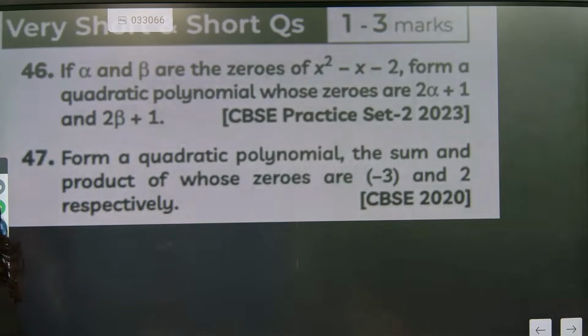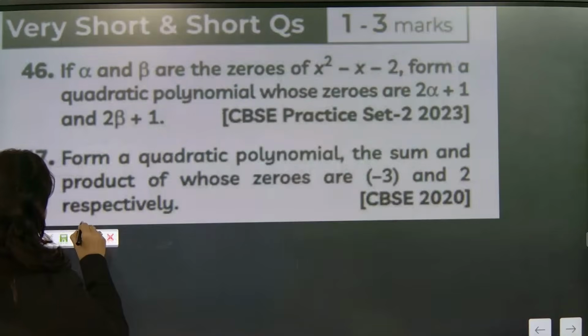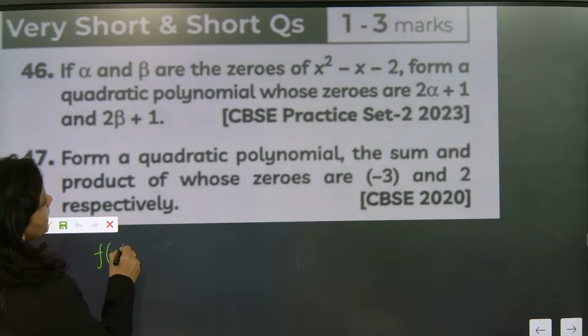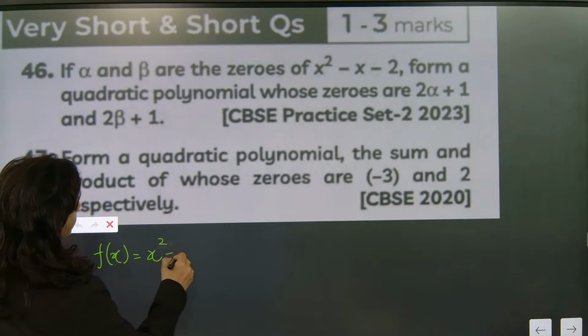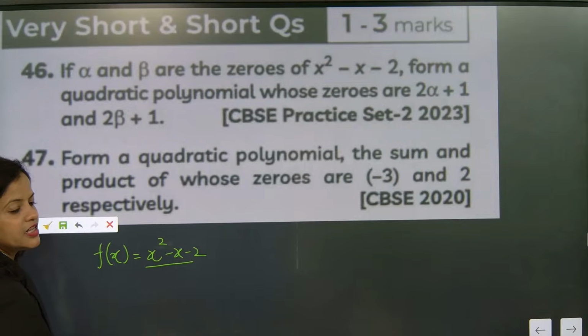Now look here, first the alpha beta value. f of x is equal to x square minus x minus 2. Form a quadratic polynomial whose zeros are given. So first we will solve this one and get the value of x.